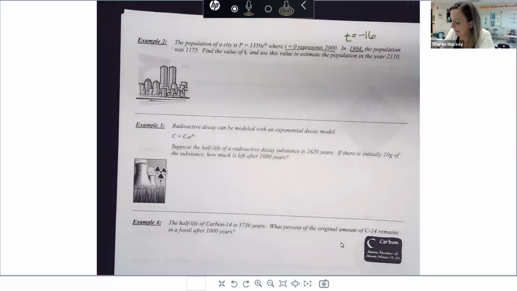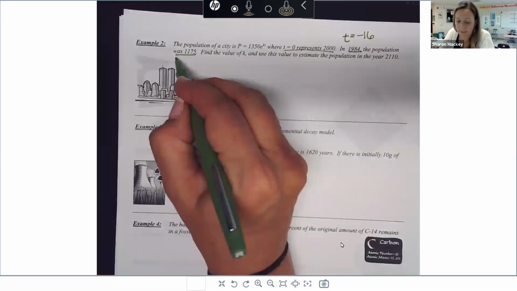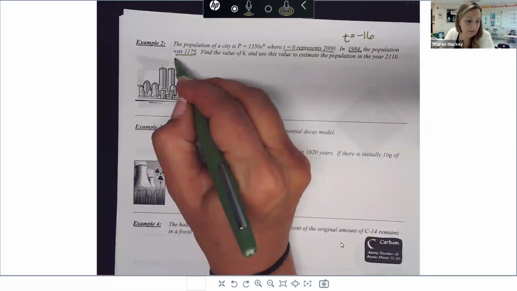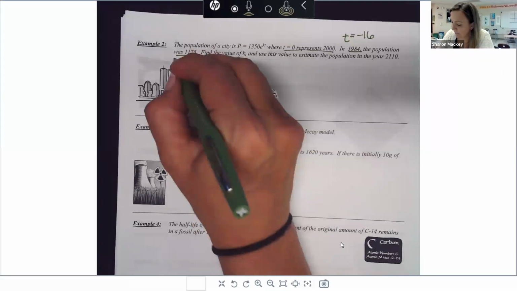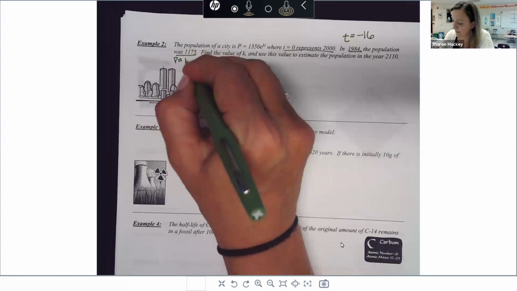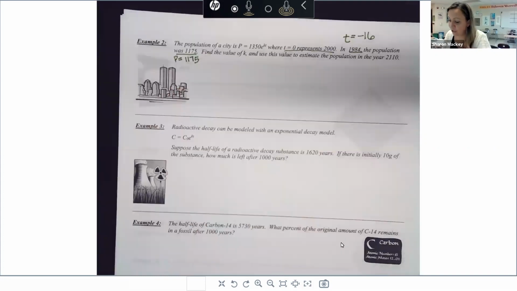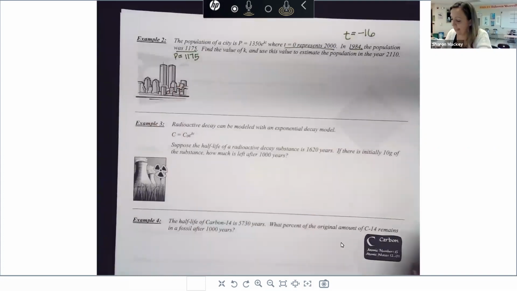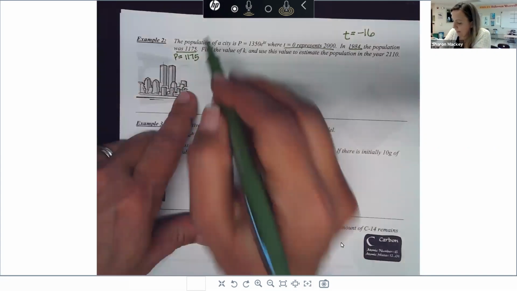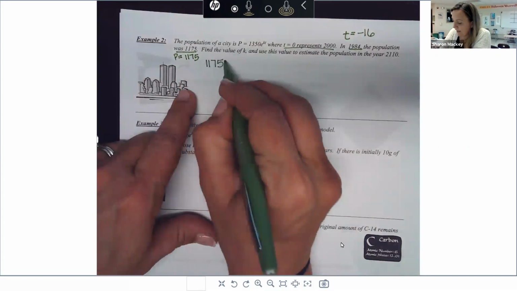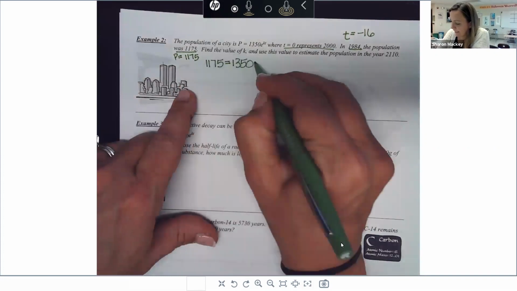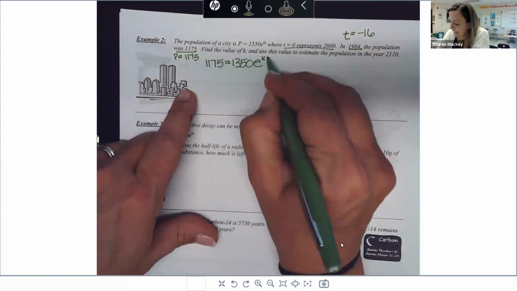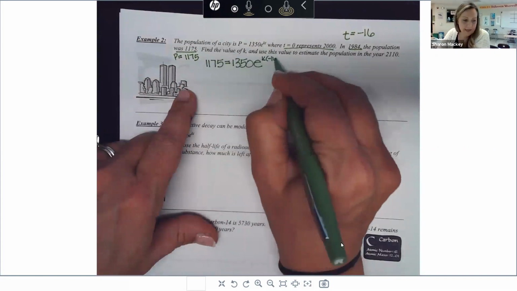It does say that at that point, the population was 1,175. So at that point, we can say that P was 1,175. And we can use that to find the value of k. So let's put that in here. So in place of P, we have 1,175. And then we have 1350 e to the k times -16, okay?